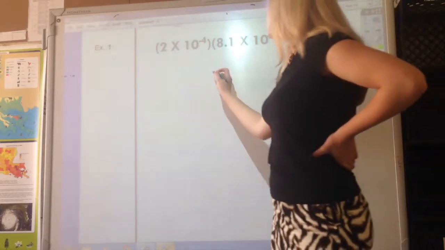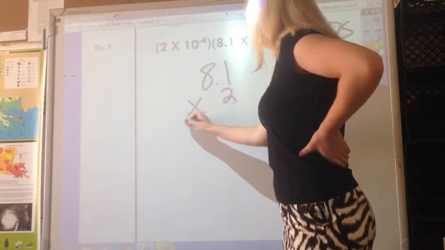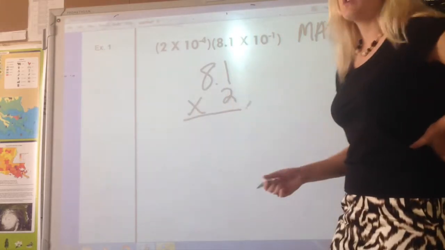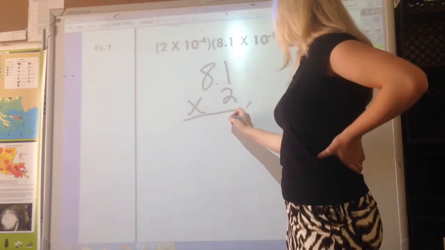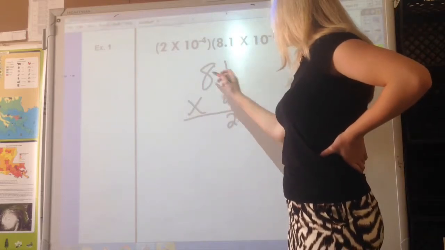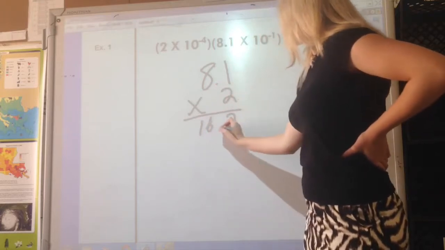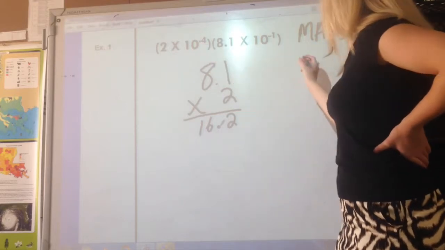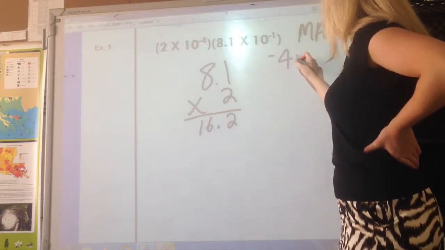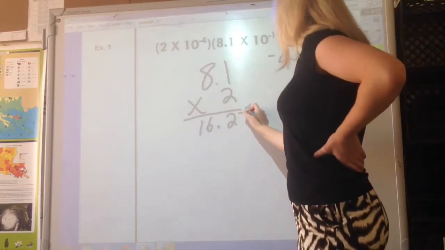So let's multiply out 8.1 times 2, and of course I know from math intervention that I ignore my decimal until the very end. So 2 times 1 is 2, and then 2 times 8 is 16. I have one number behind my decimal, so I'm going to add it there. And my exponents, I'm going to add those. I have -4 plus -1, and that's going to give me -5.